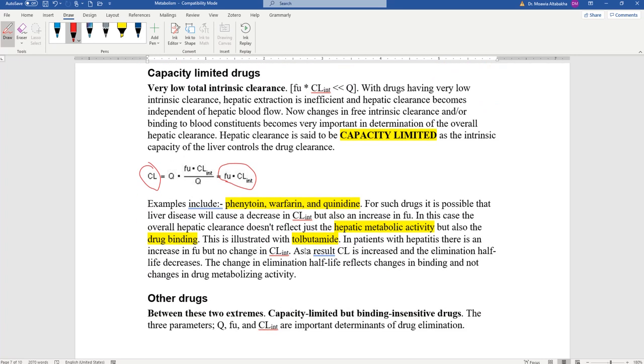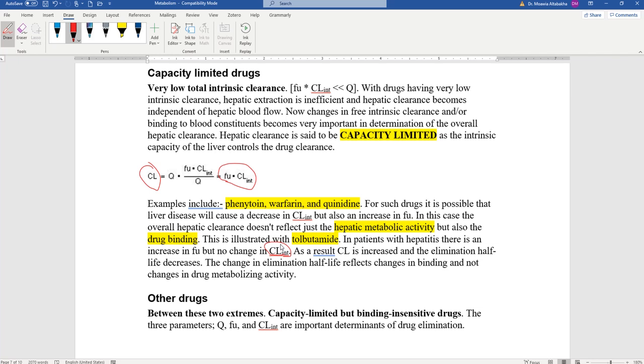Look at the example here. Tolbutamide, which is a hypoglycemic agent. They found that in patients with hepatitis, meaning there is inflammation of the liver, we have a problem in the liver, there is no change in the intrinsic clearance, as if the enzymes are intact.